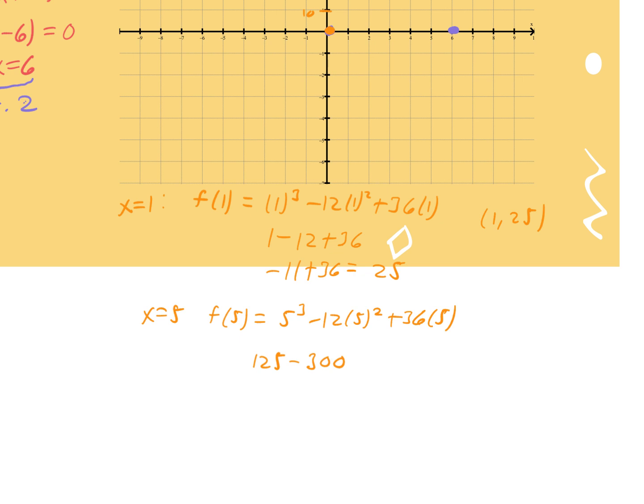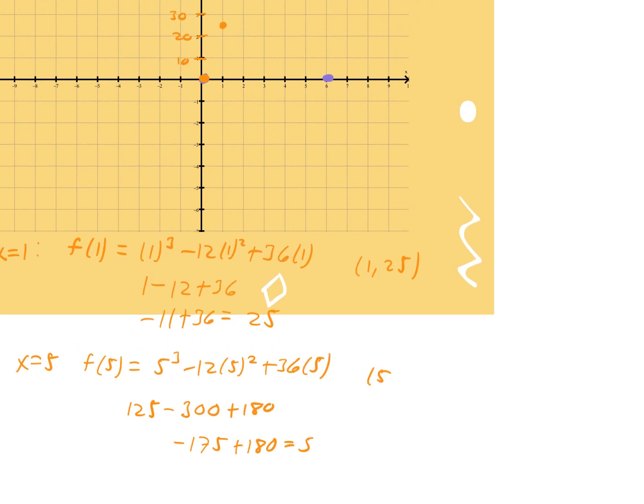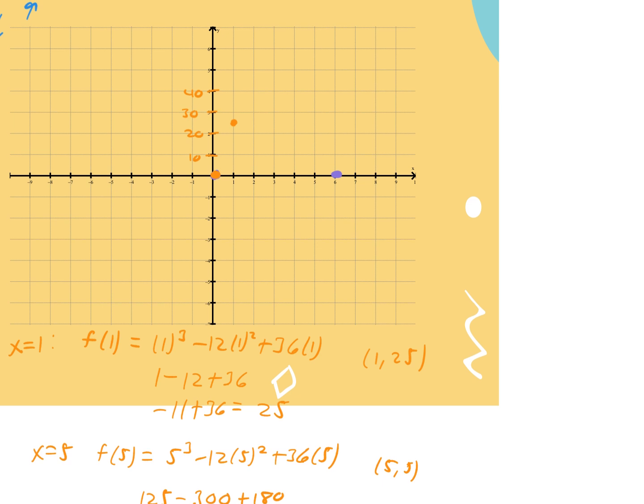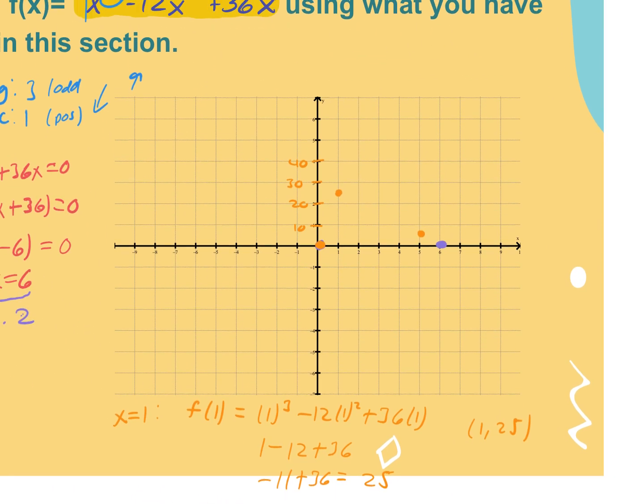You can do it off to the side if you need. And then 36 times 5 should get us 180. So we get 125 minus 300, which is negative 175, and negative 175 plus 180 should get us 5. So at x equals 5, we get y is 5. So we get something right there. That kind of helps us a little bit to graph our points.